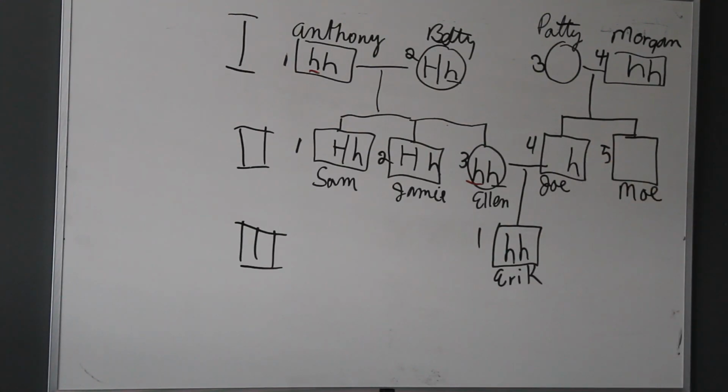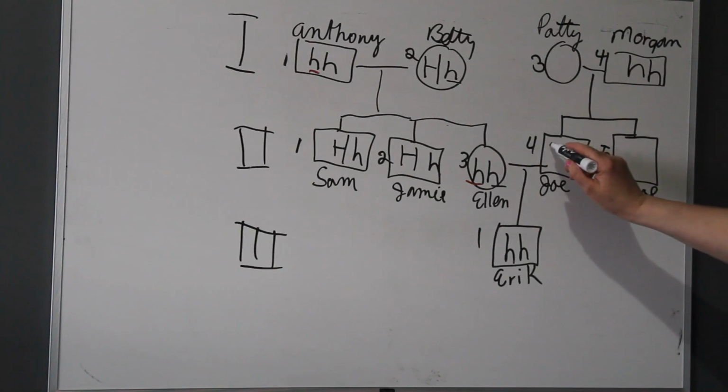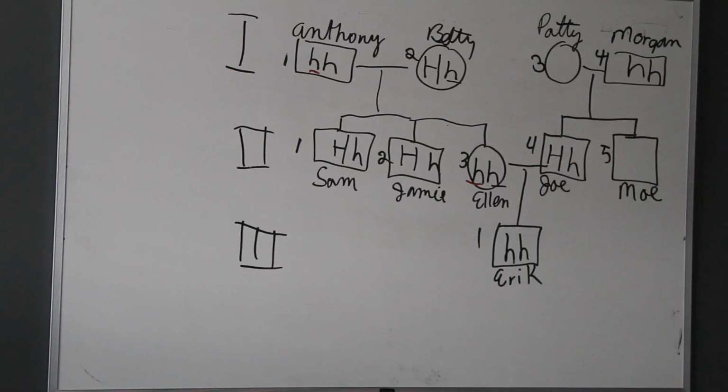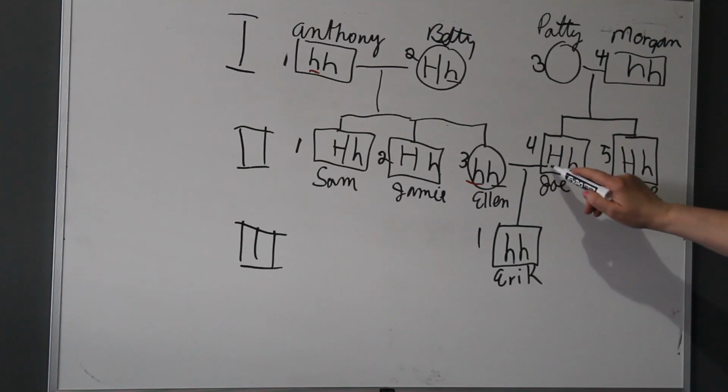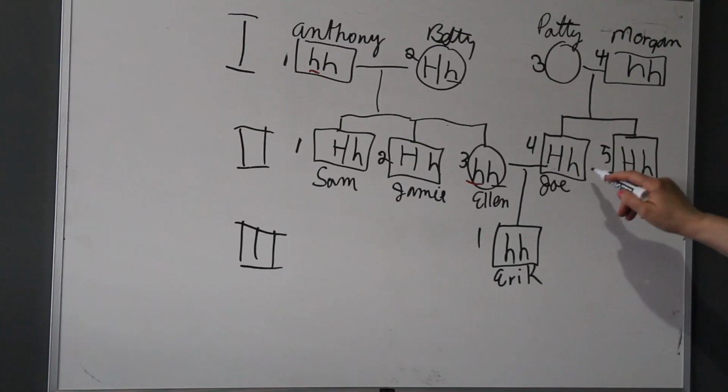Okay, but Joe does not have a horn, so we know he has a big H. Also, person 2, 5 does not have a horn, so we know he has a big H. The only allele that his dad has is little h's, so he had to get a little h from his dad.